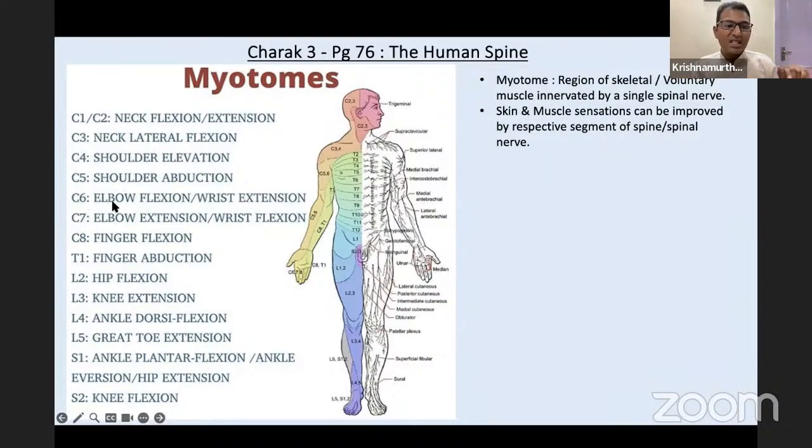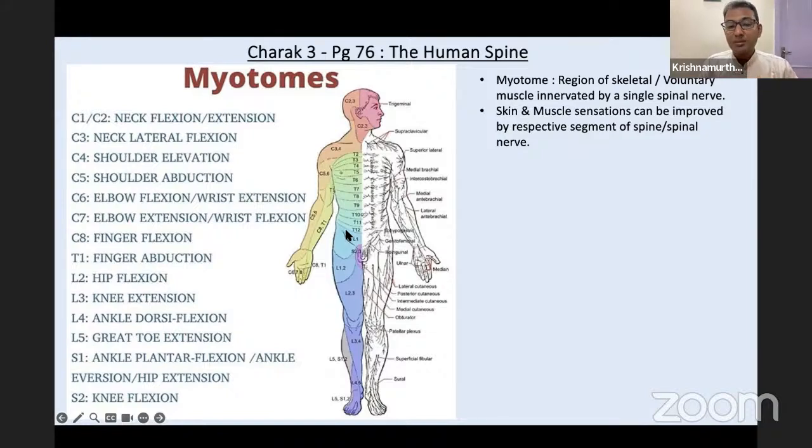Okay. C6 takes care of the elbow. It is given in this chart. And specific fingers, say C6, C7, C8 take care of this part, and C8 and T1 take care of this part.